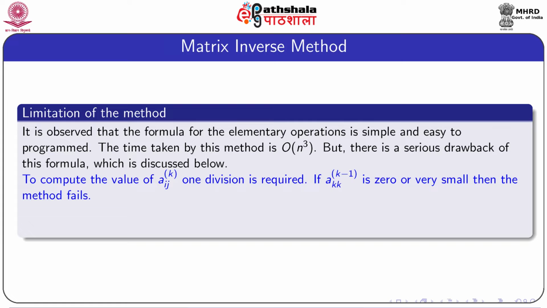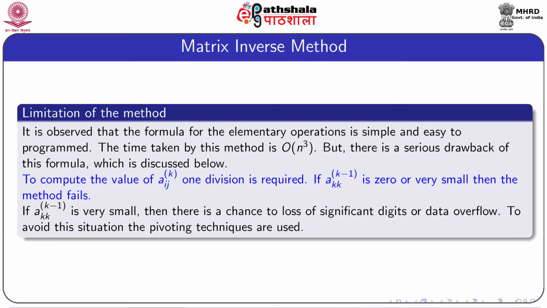That means if the denominator a_kk^(k-1) is 0 or very small, then the method fails. Why does the method fail? Because if the denominator is very small, there is a chance of loss of significant digits or data overflow.